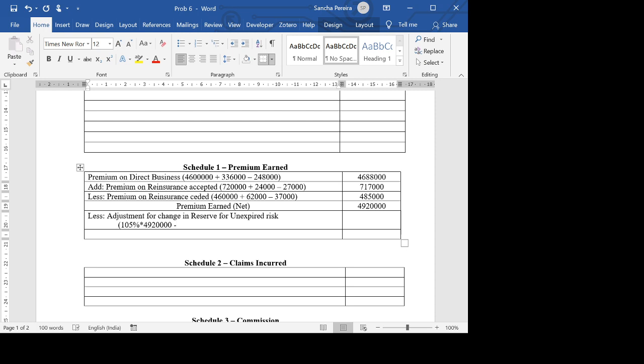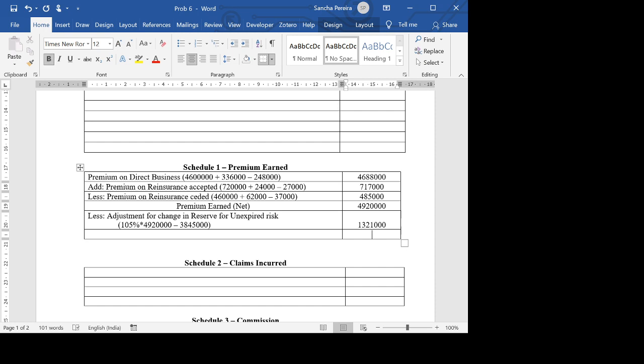The opening balance, the reserve at the beginning of the year, the last year's reserve is 38 lakhs 45,000, which also includes the additional reserve. So I don't need to add that additional reserve. So this total comes to 13 lakhs 21,000.